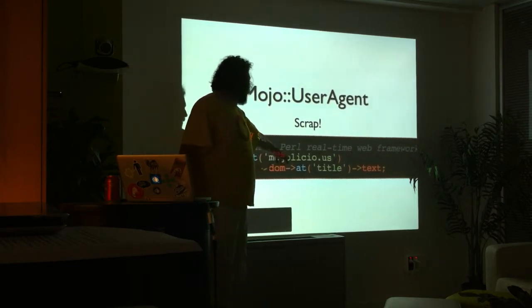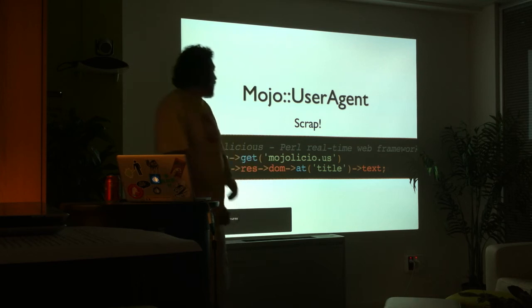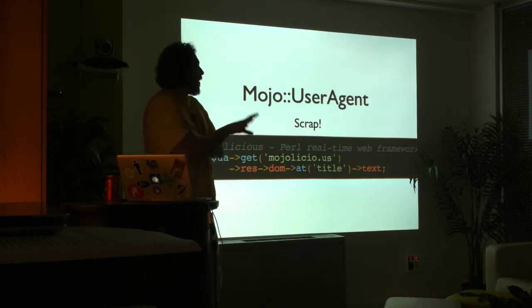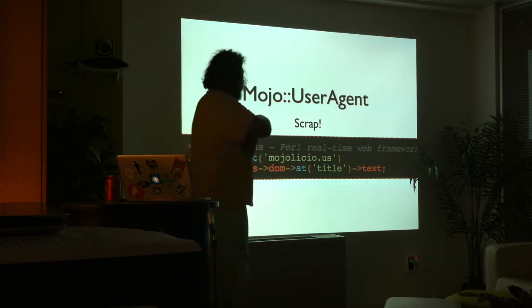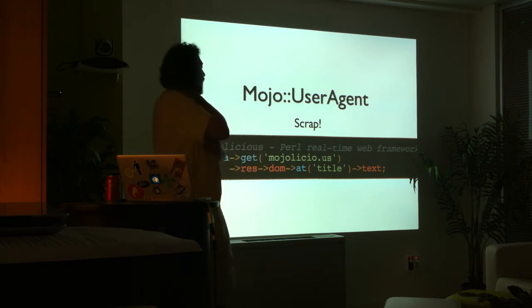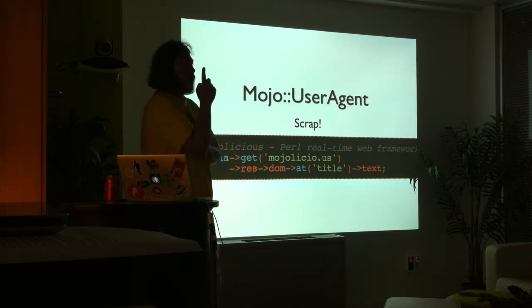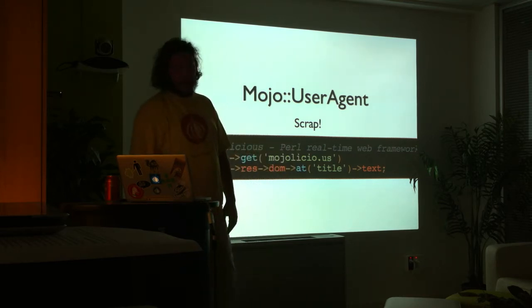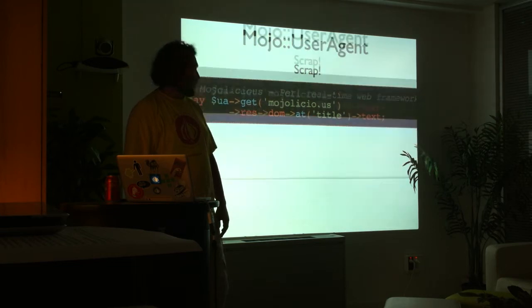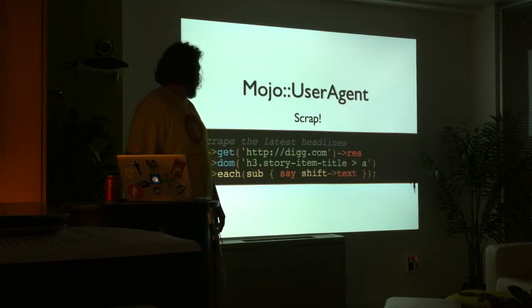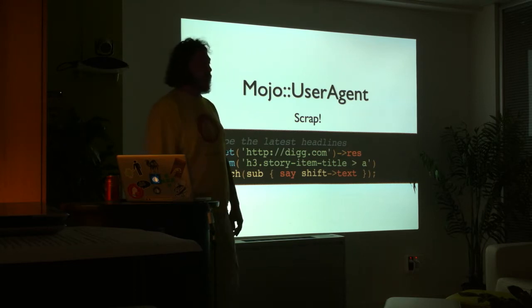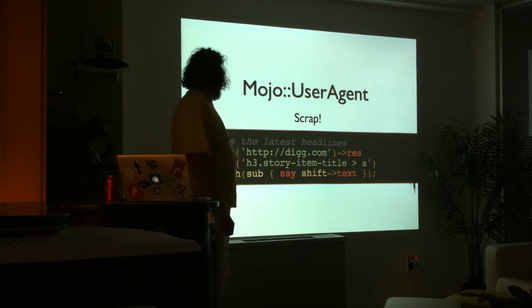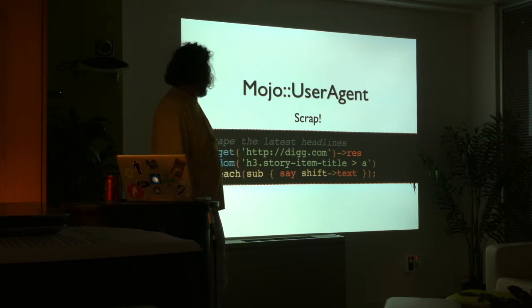You have two methods for using selectors. You have the at method, which returns the first element that you found, or you can use find, which returns a collection of elements. A collection is another Mojo object that has a lot of methods. One is each, so you can get the Digg homepage from the response, you get the DOM from there.